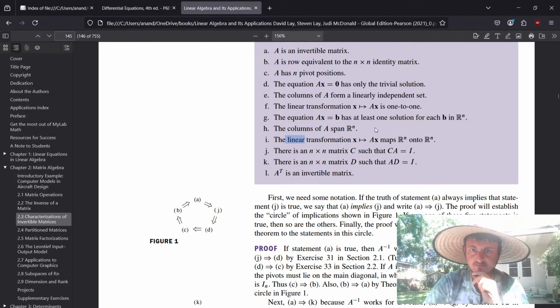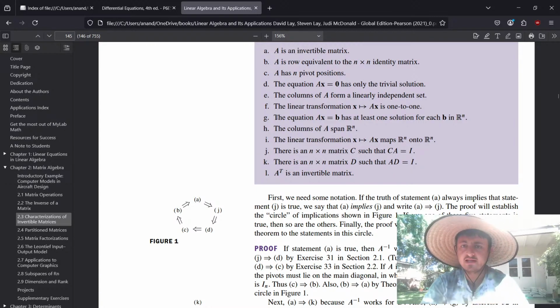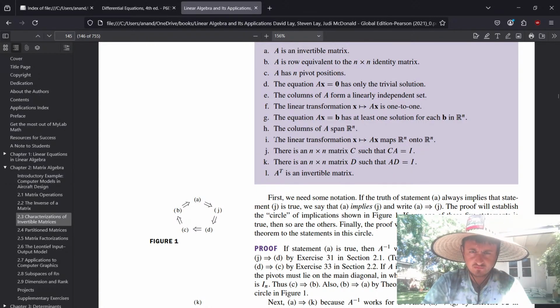Okay, wait, let's just read them all. So you can reach everywhere. I mean, this is the definition of span, right? So these are the same. You can hit everything, which is the same thing as onto.